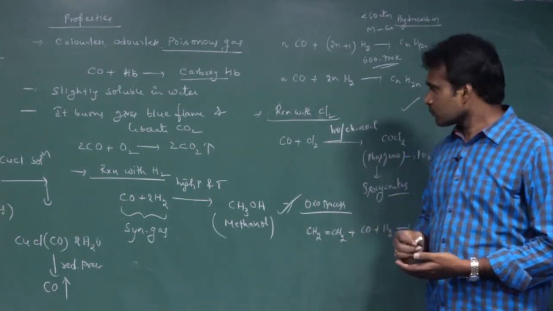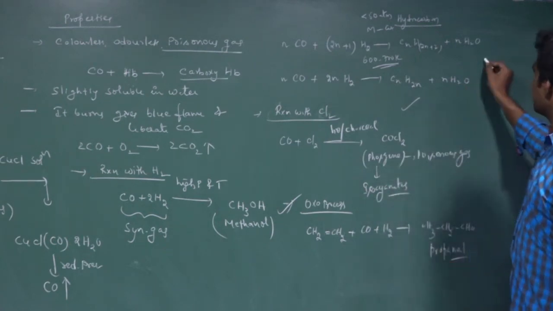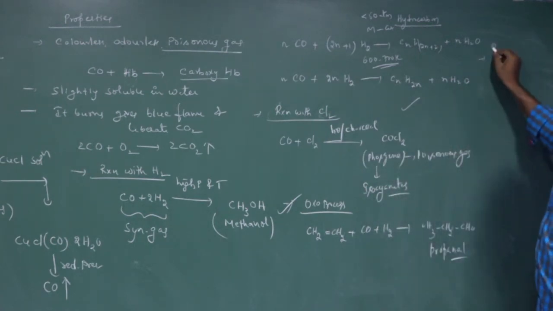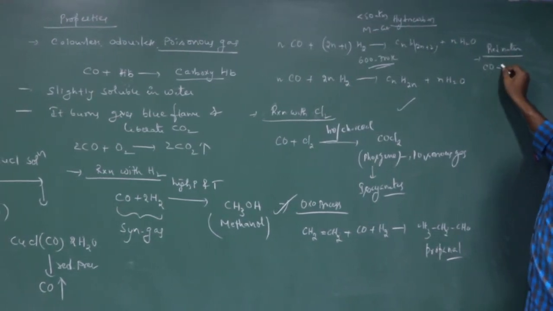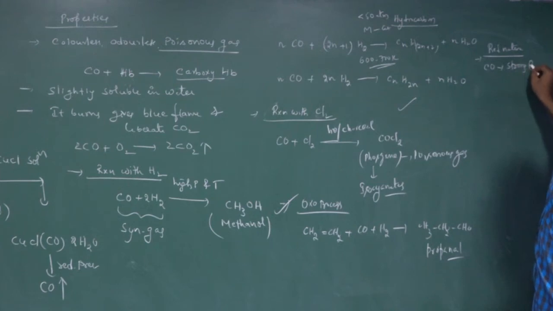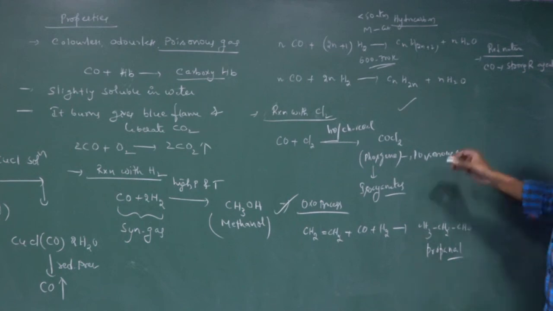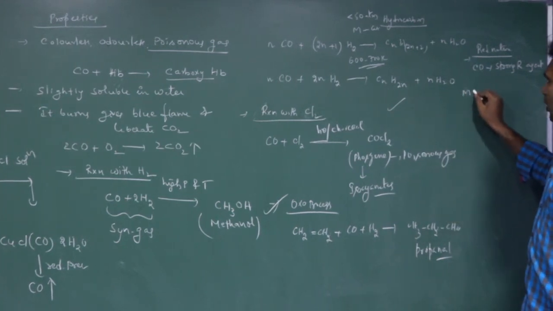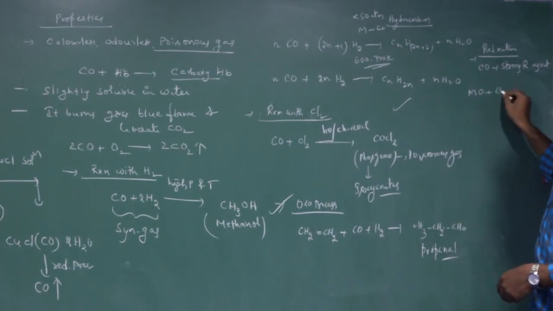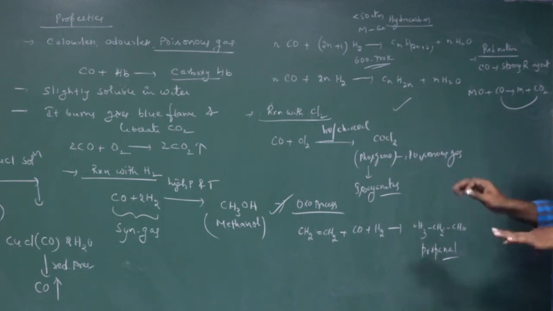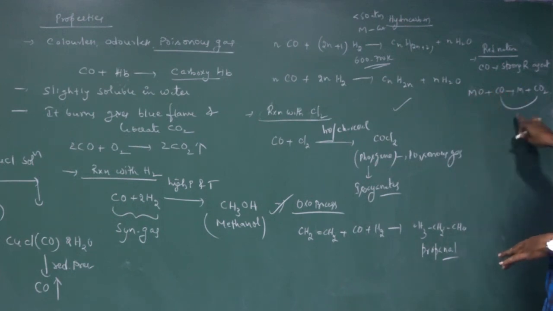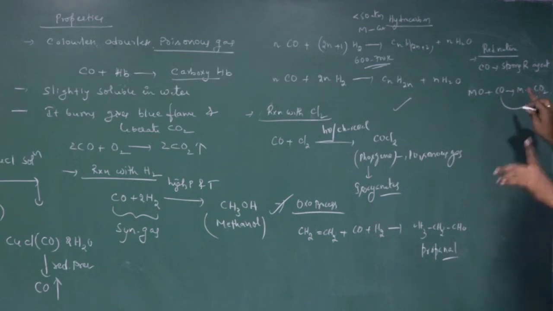And one more important property, reducing nature. Carbon monoxide acts as a strong reducing agent. That means it reduces metal oxides to metal and itself oxidizes to CO2.